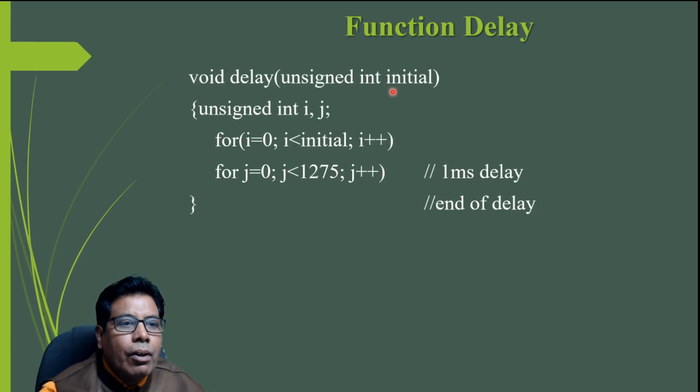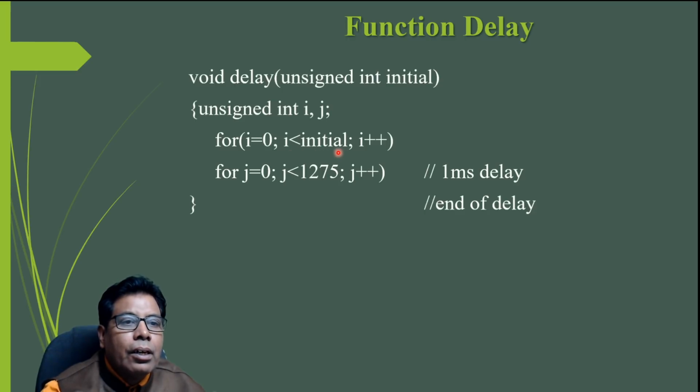Here, when we are passing this initial, it will be assigned to the integer. Say this initial is coming from the main, and when we are writing the for loops here, first we are defining two unsigned integers I and j, and then we are writing the for loop for I. So I is equal to 0, I less than initial.